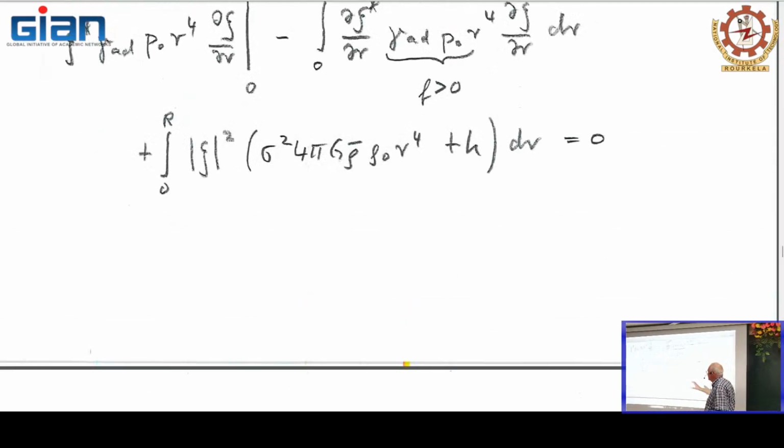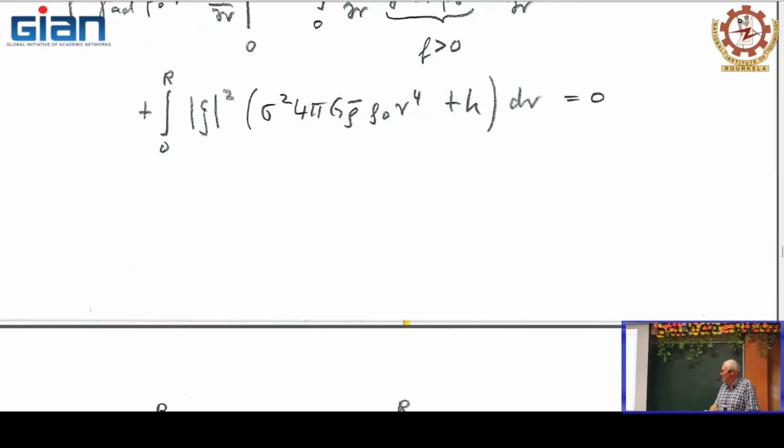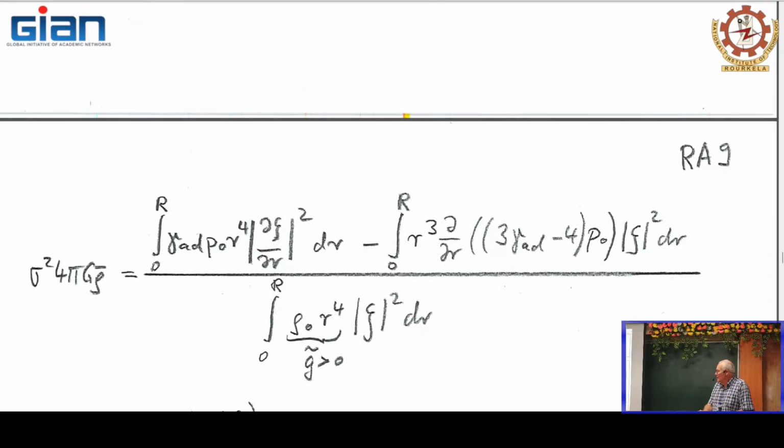The integral which stands at sigma squared is the modulus of zeta squared times rho times r to the fourth. This goes into the denominator, and these integrals associated with h and the differential operator are in the numerator. So we are left with the following expression.